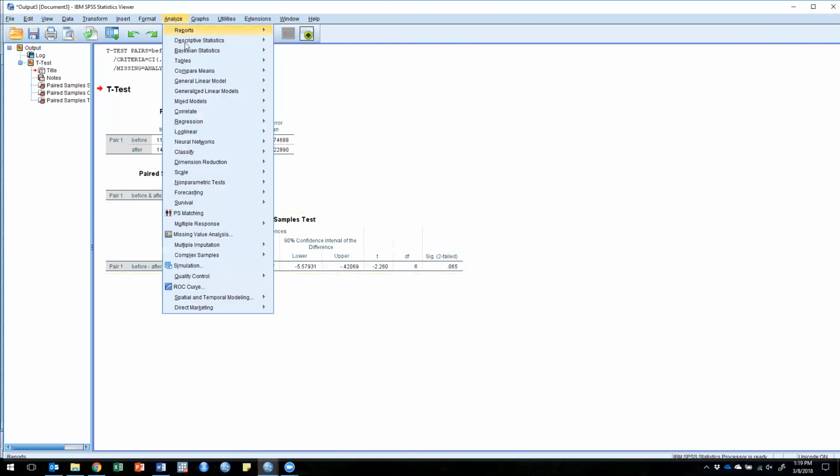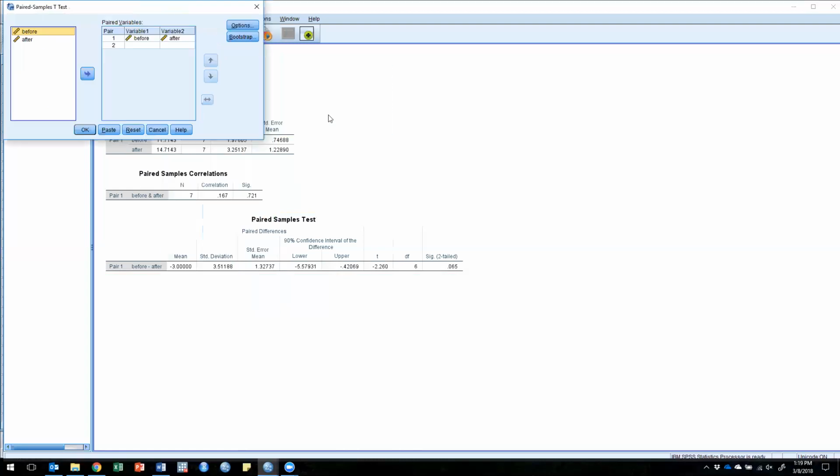So that's basically how you run a dependent sample or paired sample t-test in SPSS. You would click on Analyze, Compare Means, Paired Samples Test, and bring over your paired variables. And it really doesn't matter which order you bring them over either.